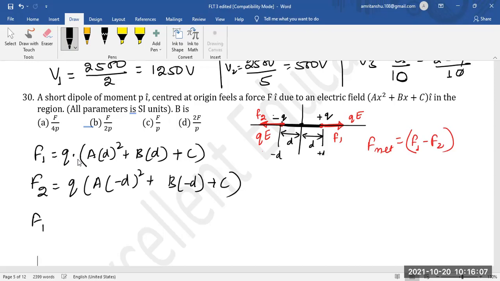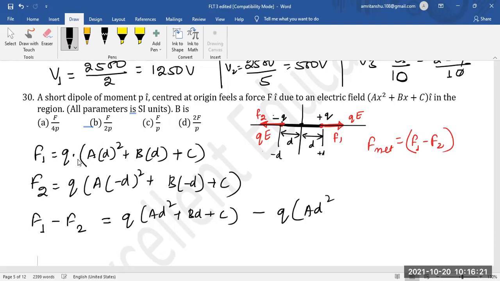Let's do F1 minus F2. When we do it, we find AD square plus BD plus C minus of AD square minus BD plus C. So we see this and this will cancel. This and this will cancel.